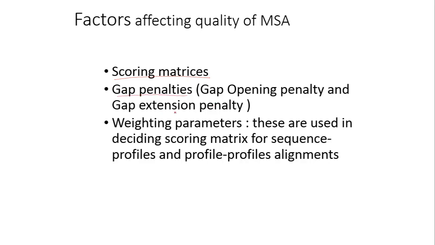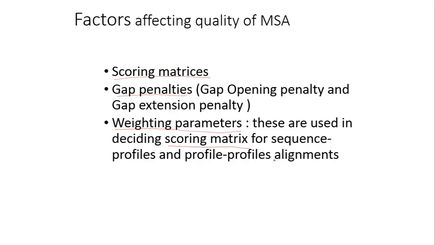What gap opening penalty you set and what gap extension penalty you set would eventually determine the quality of your alignment. And in multiple sequence alignment there is another parameter called the weighing parameter. These weighing parameters are used in deciding the scoring matrix for sequence-profile alignment and profile-profile alignment.